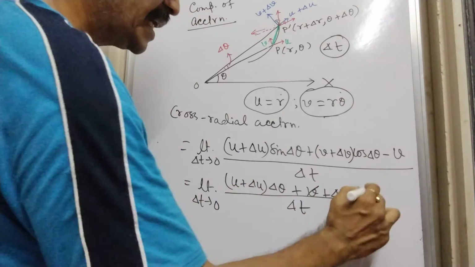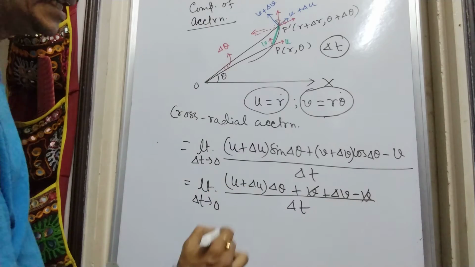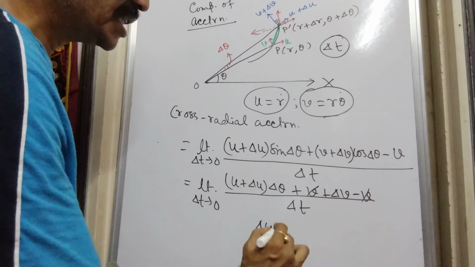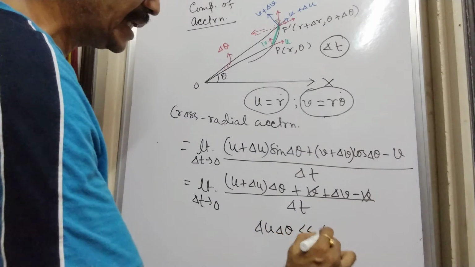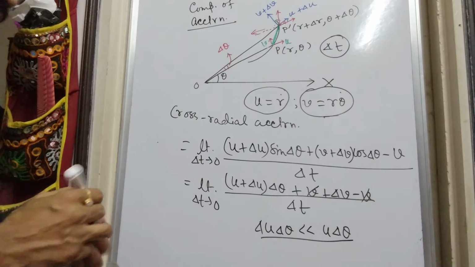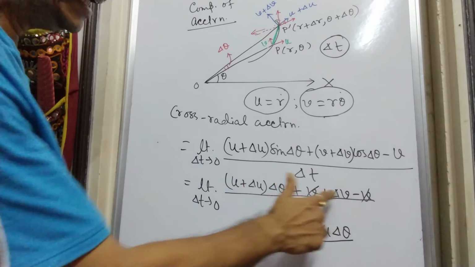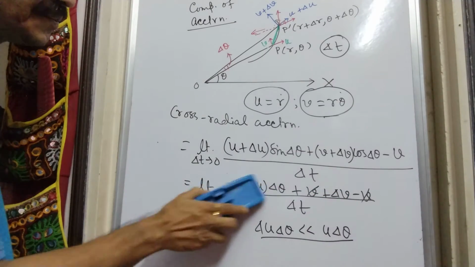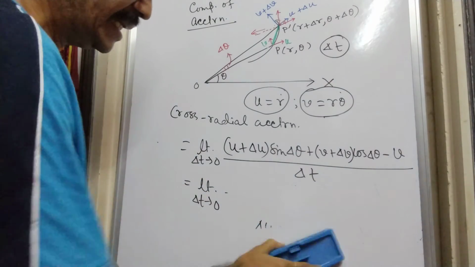Quite obvious, this v cancels out, and here also we again ignore this delta u delta theta quantity, which is much smaller than u delta theta. So we just keep u delta theta here and delta v here.